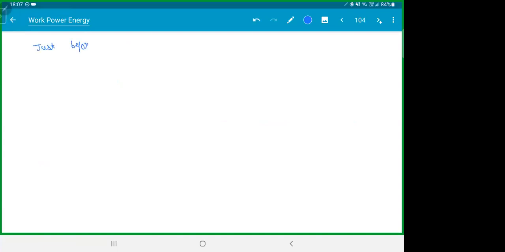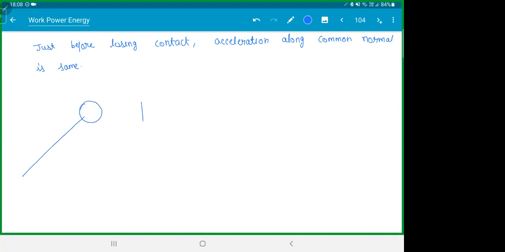Just before losing contact, acceleration is also same. Acceleration component along common normal must be same. So if you see, this guy has an acceleration 0 because you lost contact.